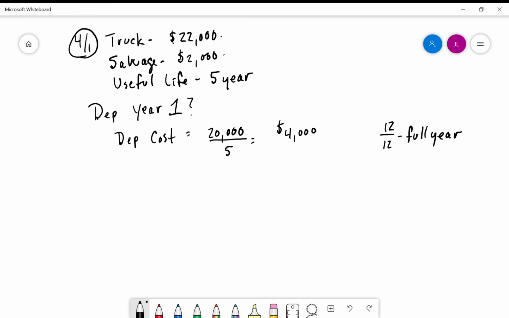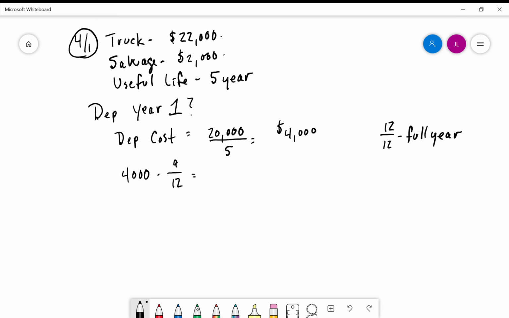So we're looking at this 4,000 not multiplied by 12 over 12, but as only 9 out of 12 months that we've used this truck in the first year.